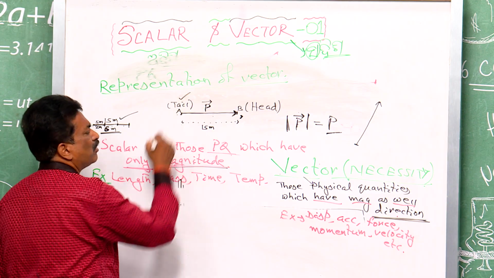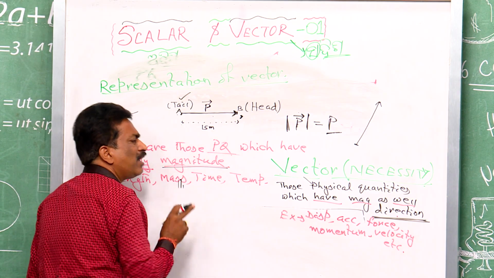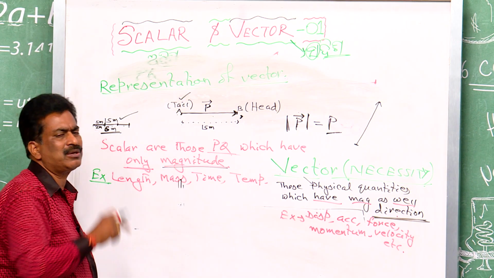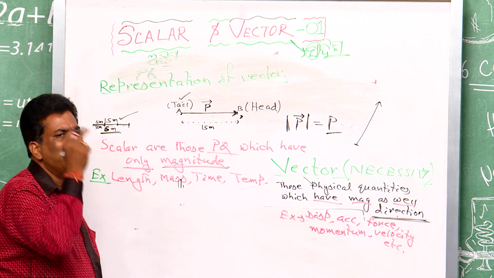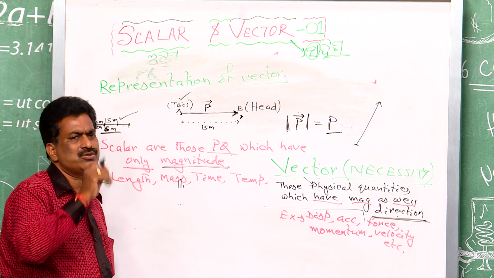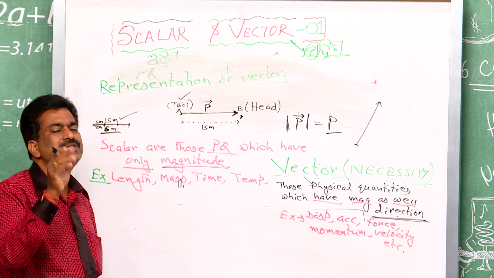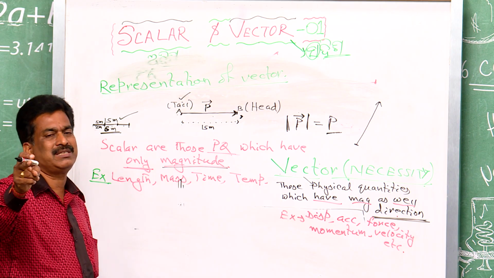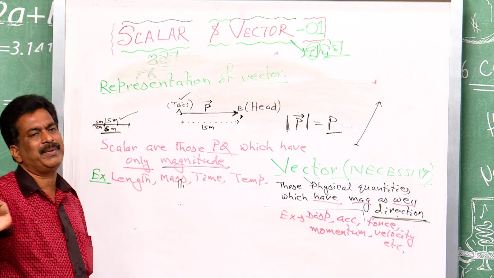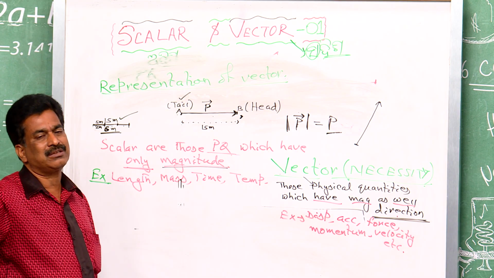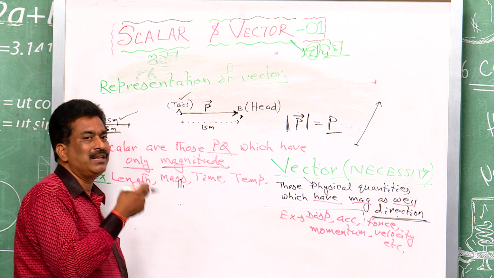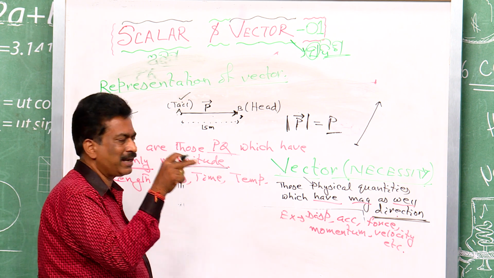That initial is called the tail, and the final, towards the direction where it is going, is the head. Suppose someone is going, his or her head is in that direction. A train is going; in which direction will it move? Where the engine is. If the engine makes a turn, the train also makes the turn. So, the engine is the head, and the other compartments are the tail. The last one is taken as the tail.